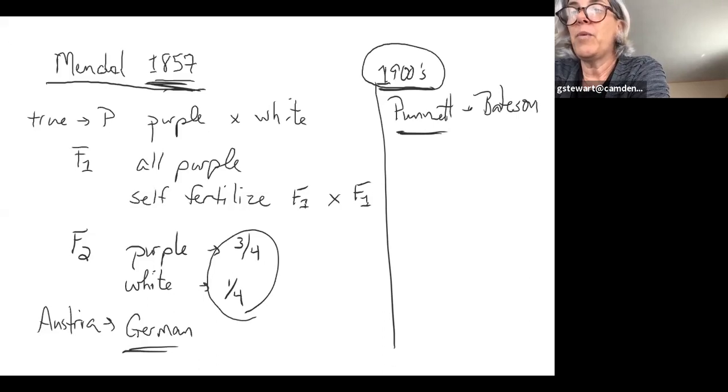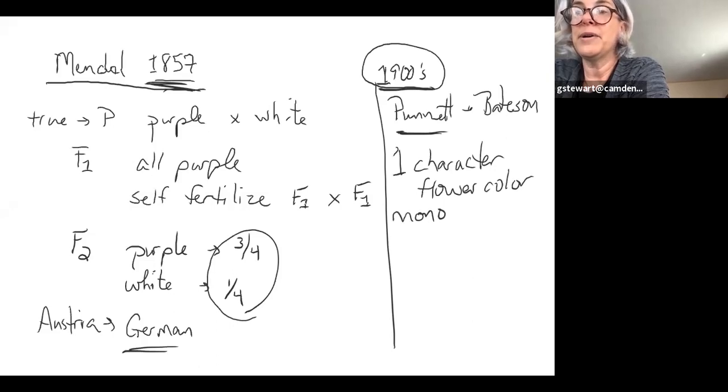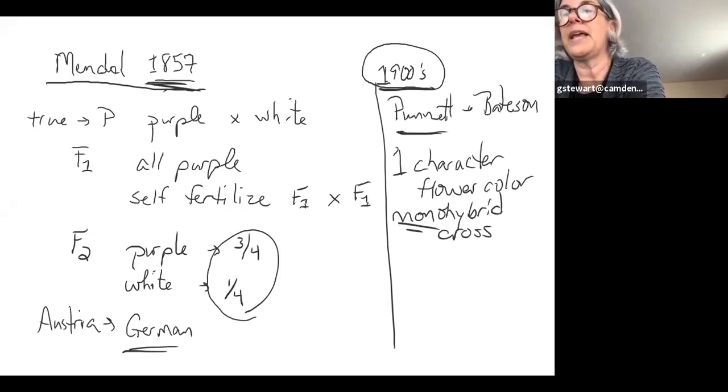And when we have one characteristic, one character or trait, like we do in this example that we're doing, when we have flower color, that's the only thing we're looking at, we refer to this Punnett square as one for a monohybrid cross, because it's just one thing. And in our case, like I said, it's flower color. And we already know that the two alleles are purple and white. Okay.